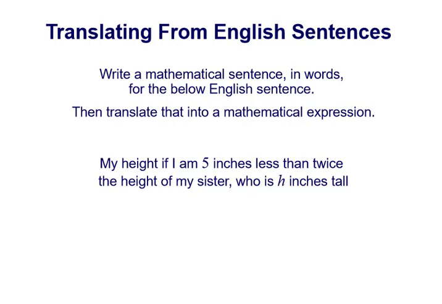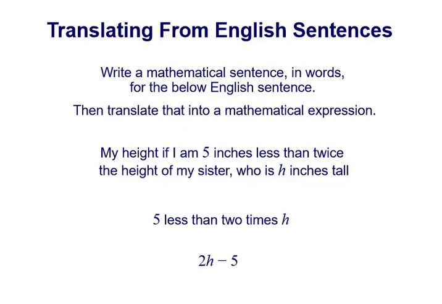So my height, if I am 5 inches less than, so right away less than is indicating an operation, but then twice the height of the sister, for whom we're using the variable h. So we have less than, you should think of an operation, and twice should use a different operation.